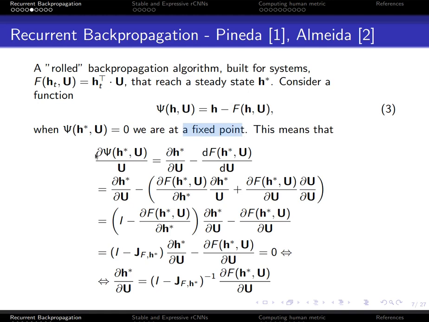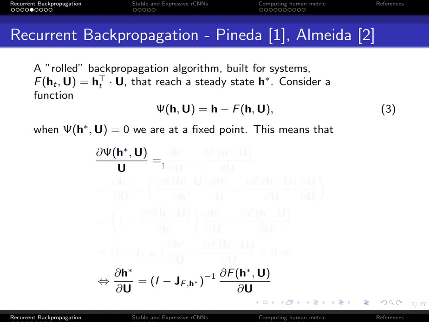And so they take the derivative of this function with respect to u, and they do all of these computations, which frankly you do not need to know, but by equating this to 0, they arrive at this closed-form solution, which says that the derivative of h star with respect to u is going to be the inverse of the identity minus the Jacobian of f with respect to h star, times the derivative of f with respect to u.